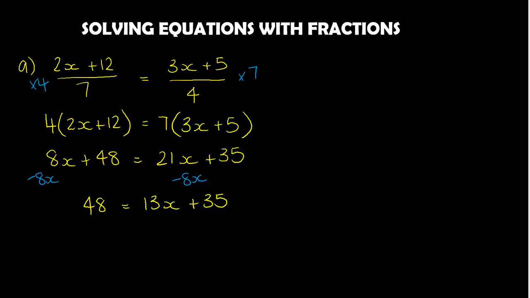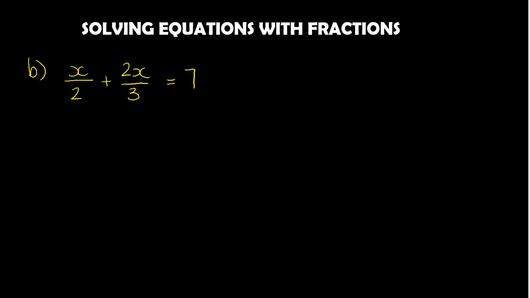Still collecting my like terms to get x by itself, so now I'm going to subtract 35 from both sides. Now I'm left with 13 equals 13x. Finally, divide both sides by 13. And I'll write it up over here. Therefore, x equals 1.